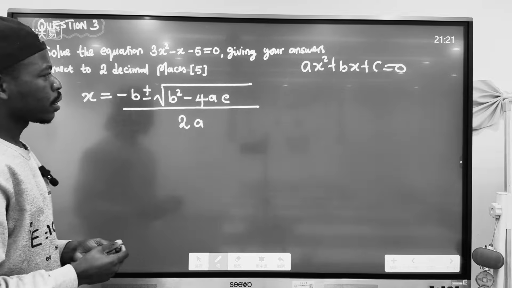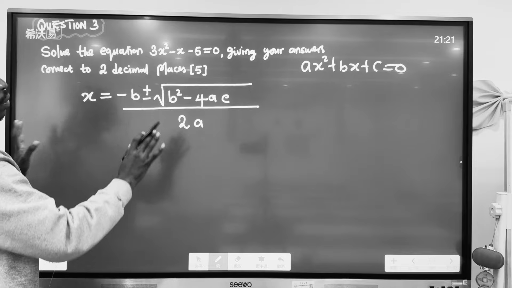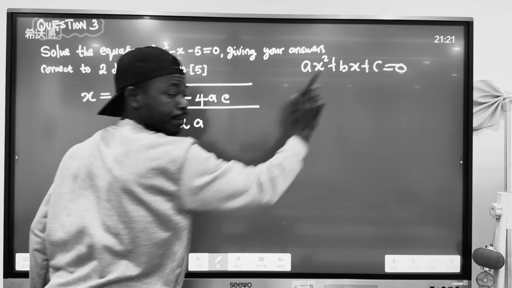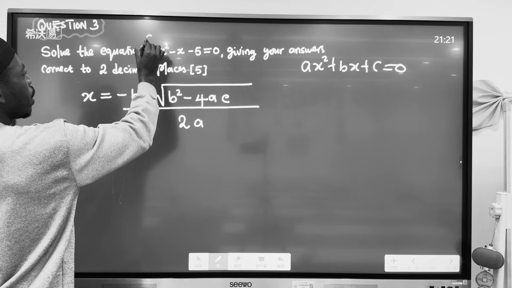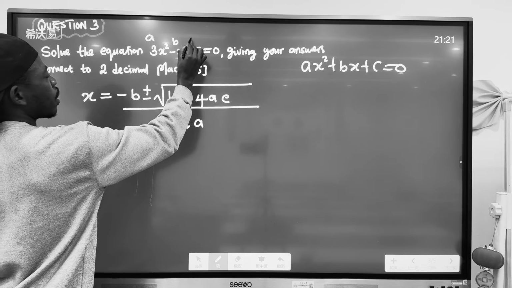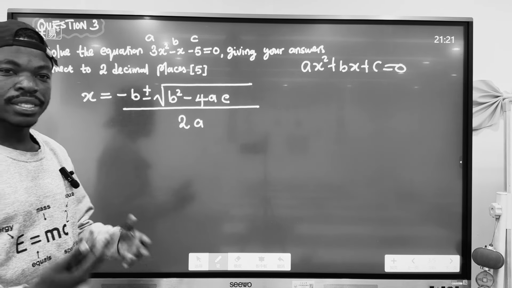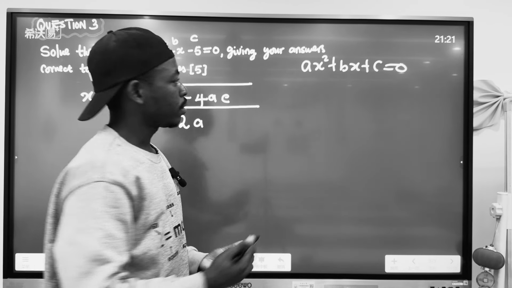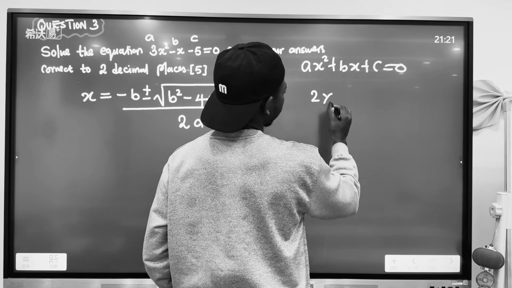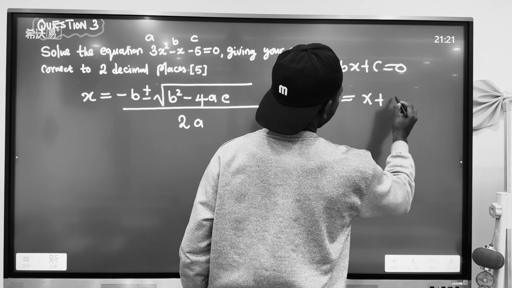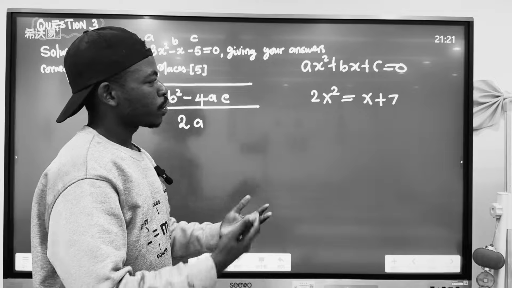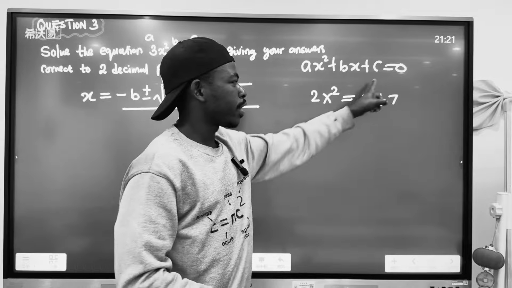Okay. So for example, in this case, it's very easy because we already have a 0 here, so it has this form, okay? So we know that our a is here, our b is here, and our c is here. But sometimes the examiner might make you rearrange the equation. For example, you can have something like this. Solve the equation. First of all, you need to make sure that what you are seeing there is a 0.